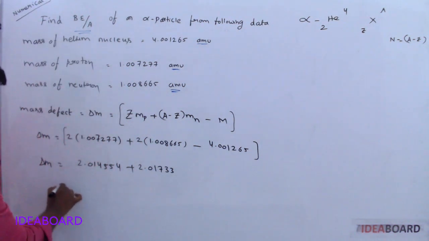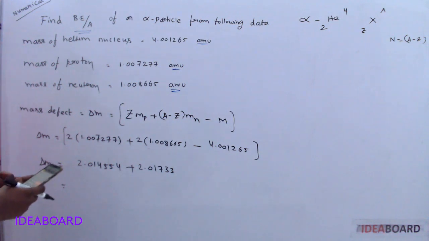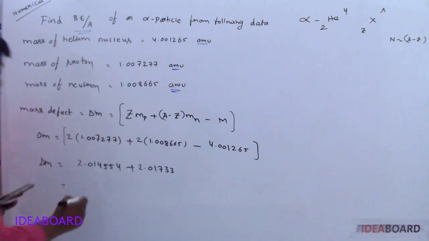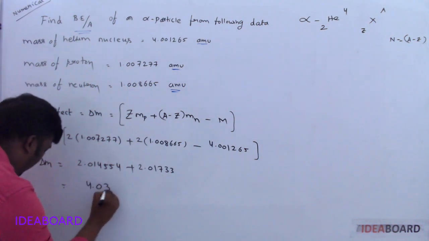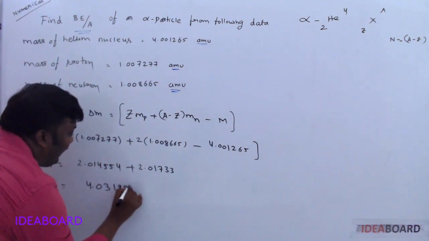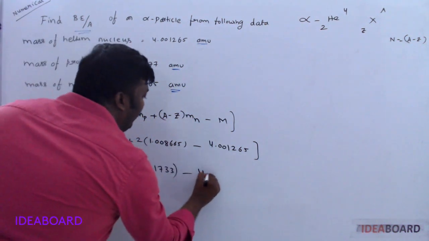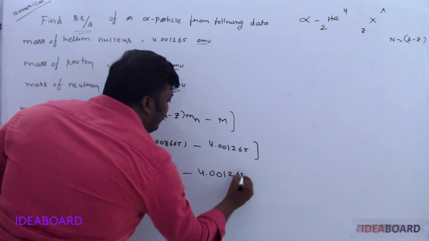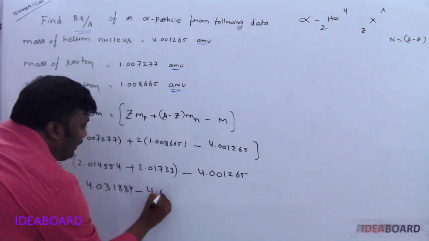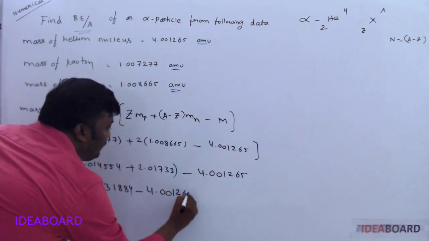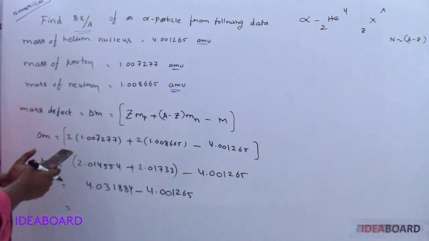If you combine these two, then 4.031884. Here the actual mass is 4.001265, so subtract this value.